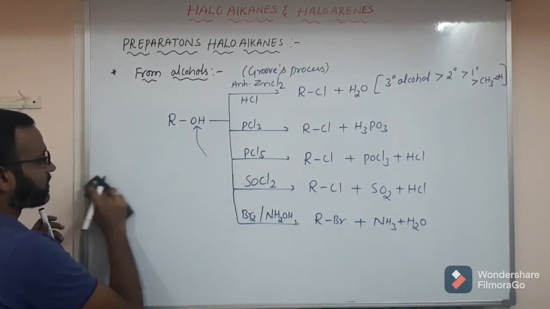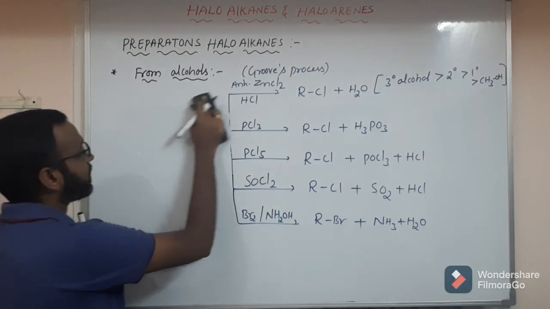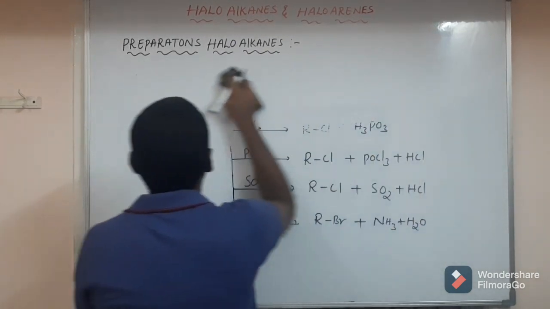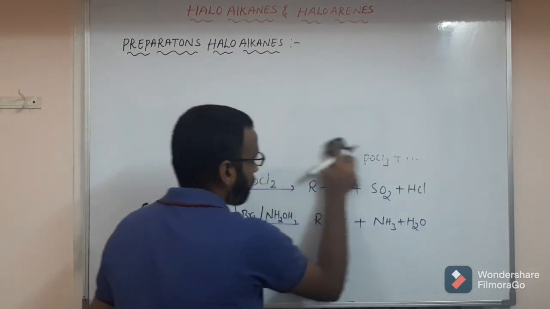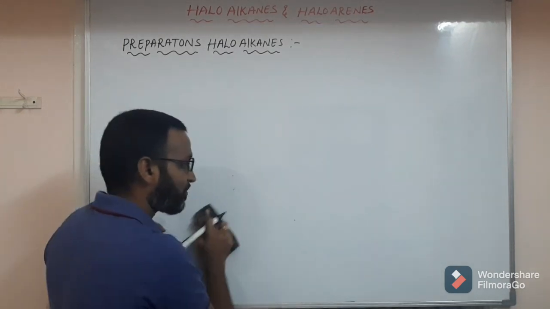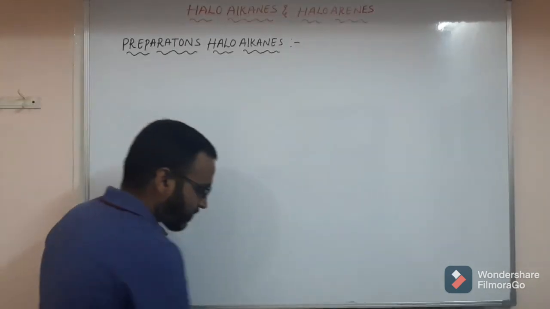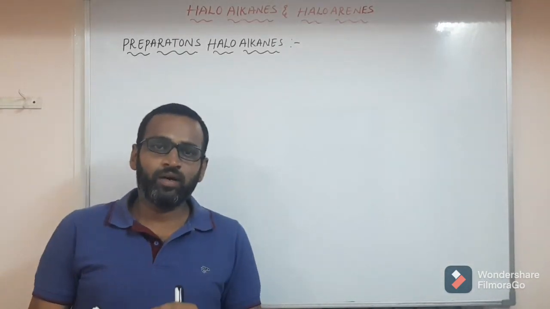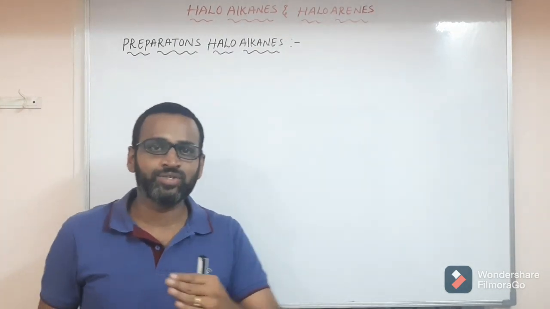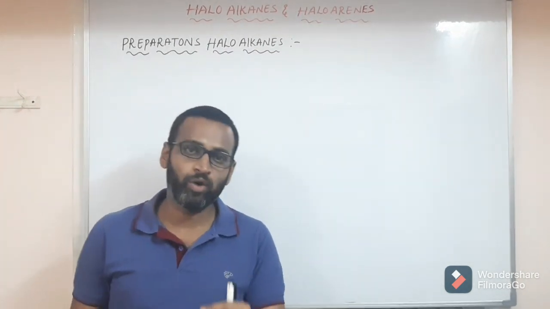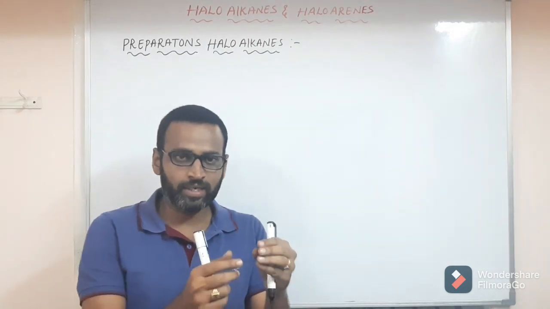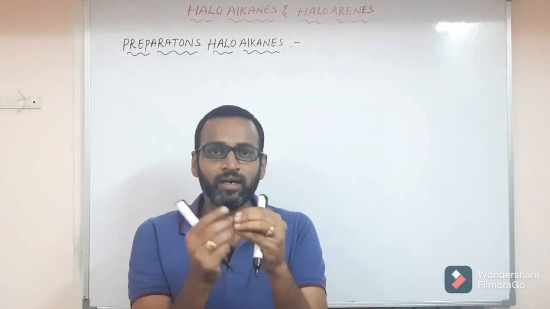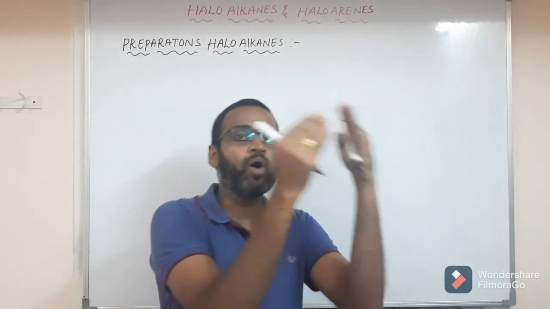Next we have to discuss some other preparations of haloalkane. In first year we know these from alkanes, alkenes and alkynes. Addition of halogen or addition of HX to alkenes and alkynes is one way, and one more is free radical substitution of halogen on alkane.